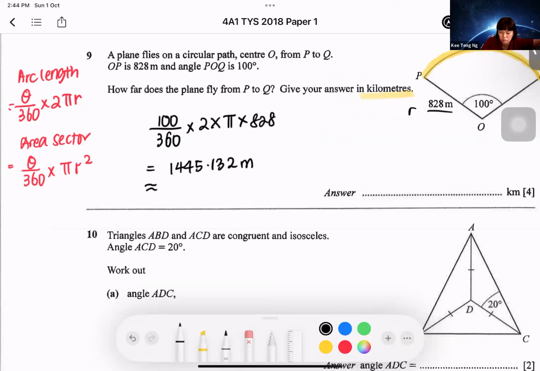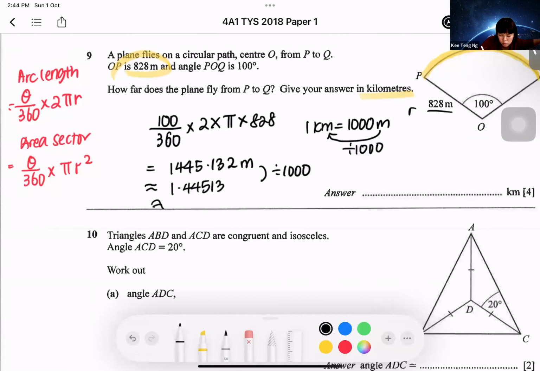Right? This one is in meters. So we need to check. I'll give your answer in kilometer. 1 kilometer equals to 1,000 meters. To find meter to kilometer, we divide by 1,000. And that will give me 1.44513, round off 1.45 kilometers, 3SF.